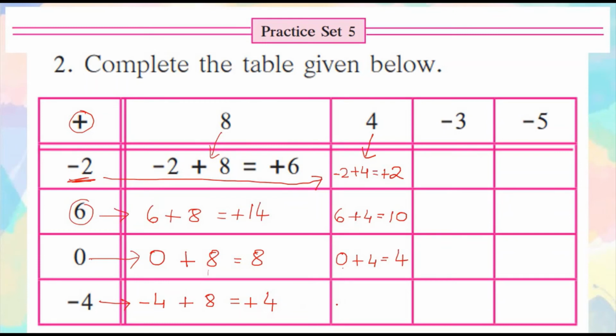And the last one we have minus 4 plus 4. Whenever we add the same number having opposite sign, the answer which we get is always 0. Minus 4 plus 4 is 0. So this is how we are supposed to solve it. The third column also we will solve and the last column will be for homework.